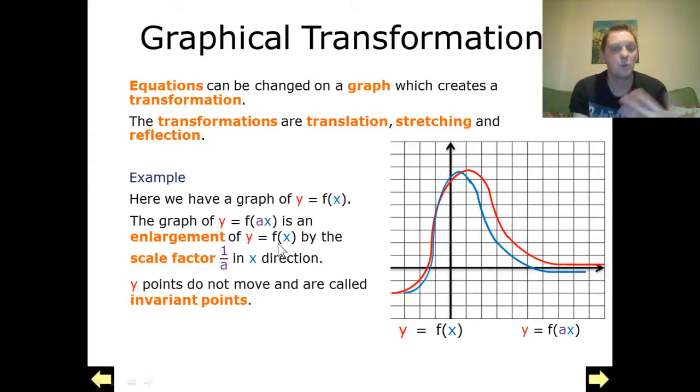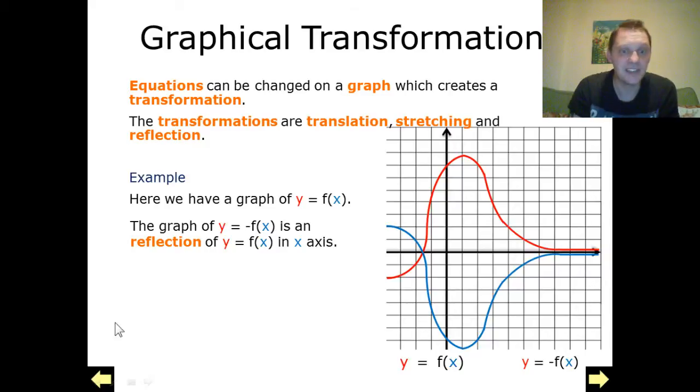Just the same as what we saw when we had a in front of our function of x, this time our y points do not change. The y values within our coordinates are also called invariant points.